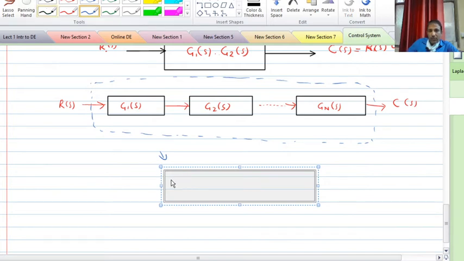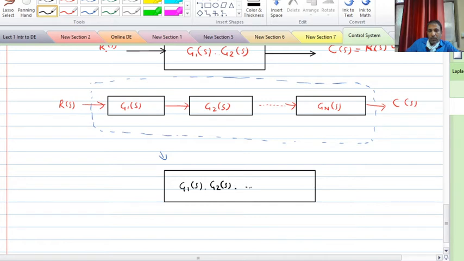So this becomes G1(s) multiplied by G2(s) multiplied, and so on, up to Gn(s), and this will be equal to C of S over R of S. So there will be no change in the system representation here. You can also represent it by a series combination, and a series combination can be replaced by a single block.